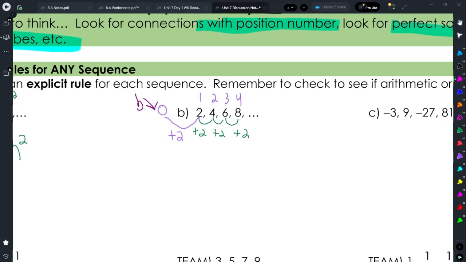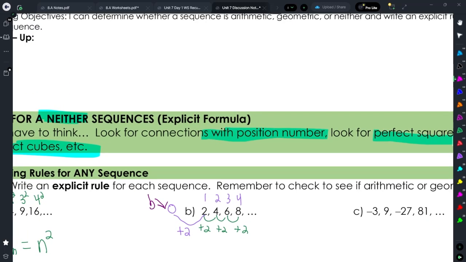So, for arithmetic and geometric, maybe we should write up here what the explicit formulas look like. For arithmetic, a sub n equals d times n plus b. That was the formula from day 2, which is kind of like mx plus b.